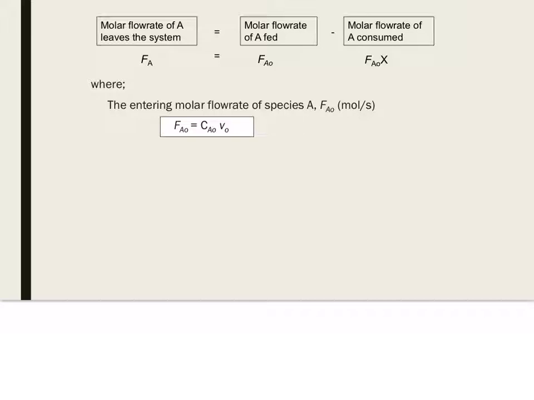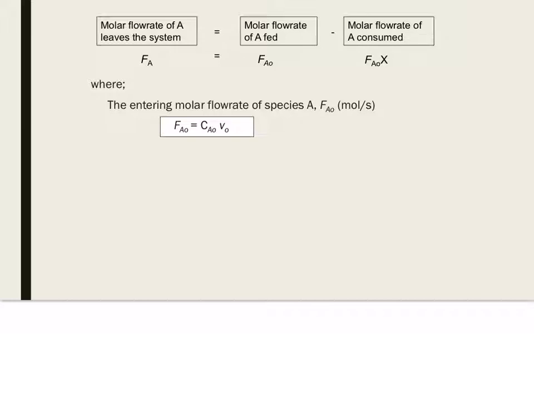So how to get the FA naught value: it is the entering molar flow rate of species A, the reactant, with units of mole per second, mole per minute, or mole per hour.